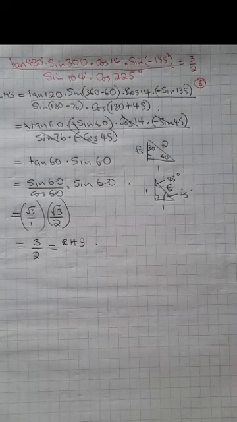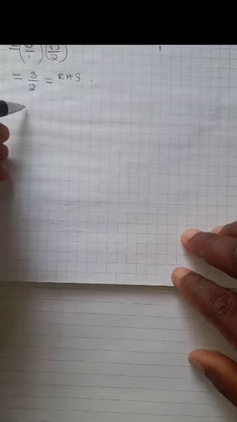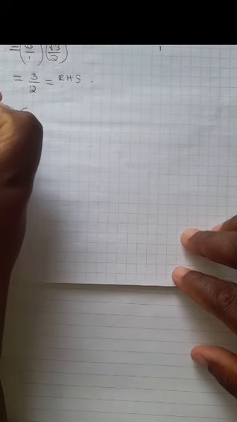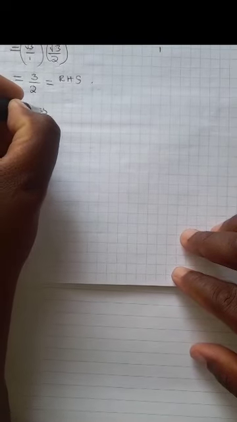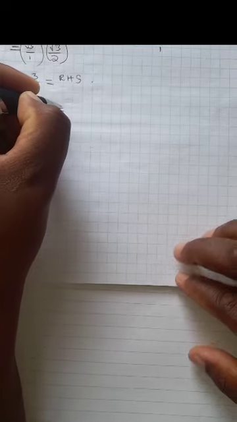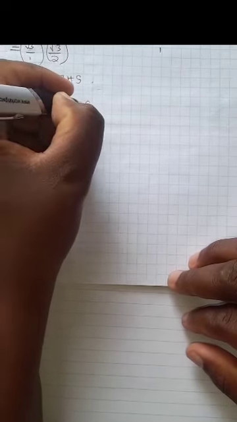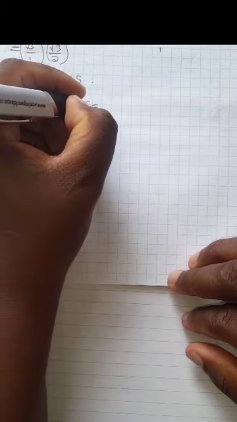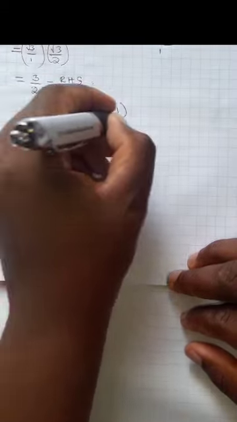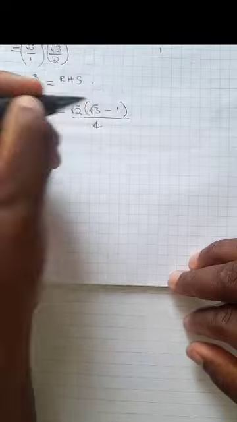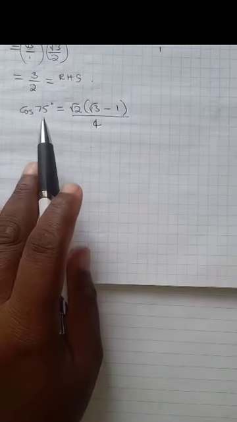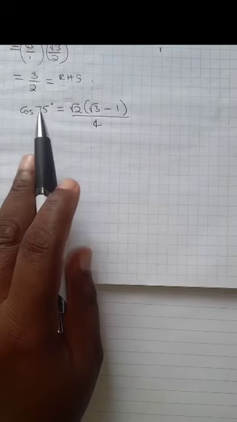Let's look at the second one. The second one is saying cos 75 degrees is equal to root of 2 multiplied by root of 3 minus 1, all over 4. We need to deal with this identity.